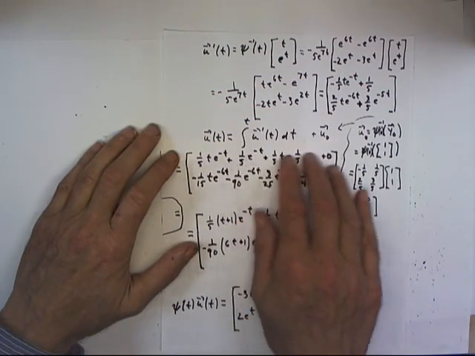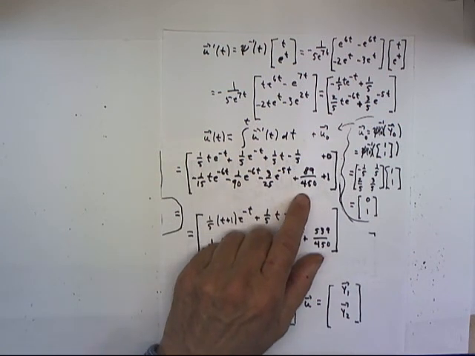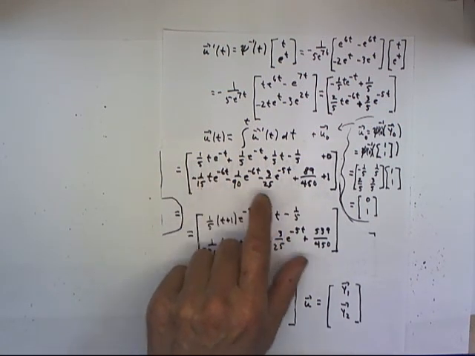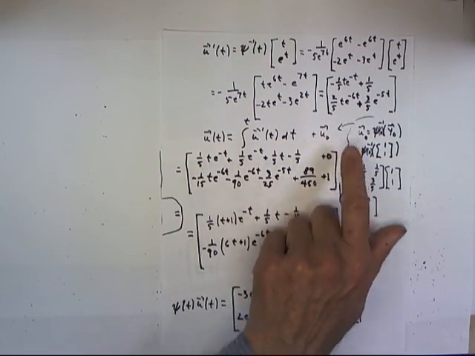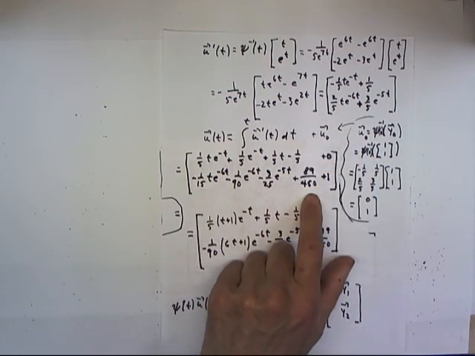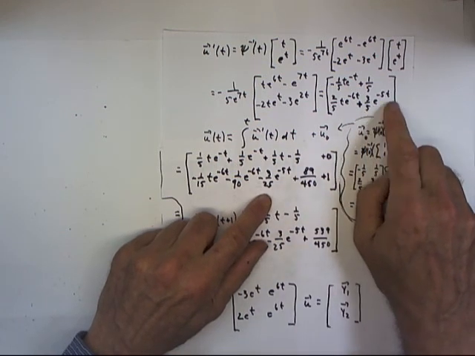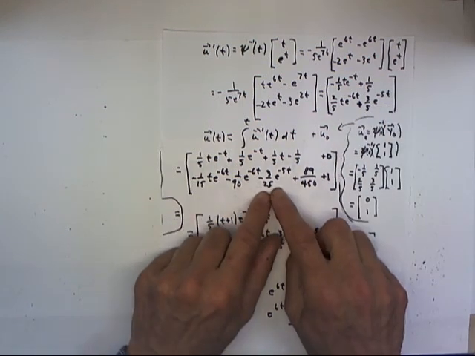Okay, it's not quite as bad as it was. At least we can do the fractions in our head. Doing the integrations, we end up with what we have here. Again, I integrated 3/5 t e to the negative 5t, causing myself a little more trouble than I needed.